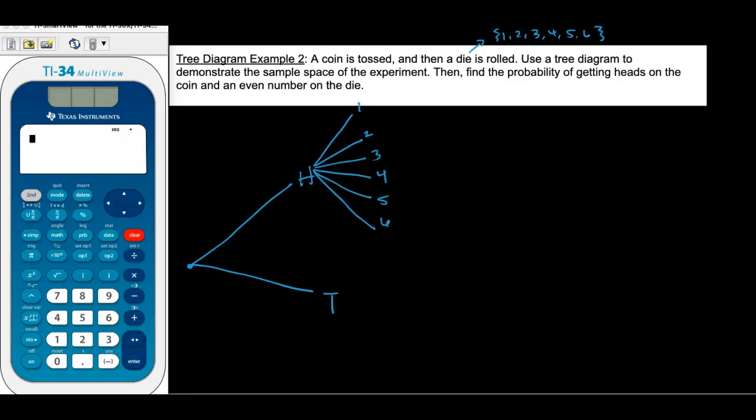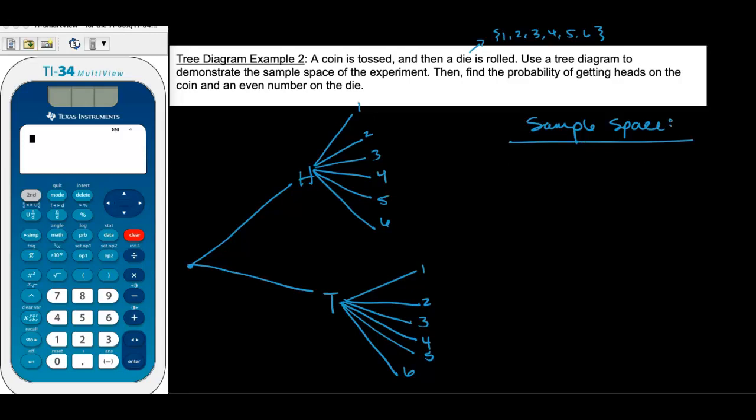And the same is true if I flip a heads or a tails first. So I could get a 1, a 2, a 3, a 4, a 5, and a 6. And then to do the sample space, we could just list this all out, and just like before, you start at the front and you just go down each path.